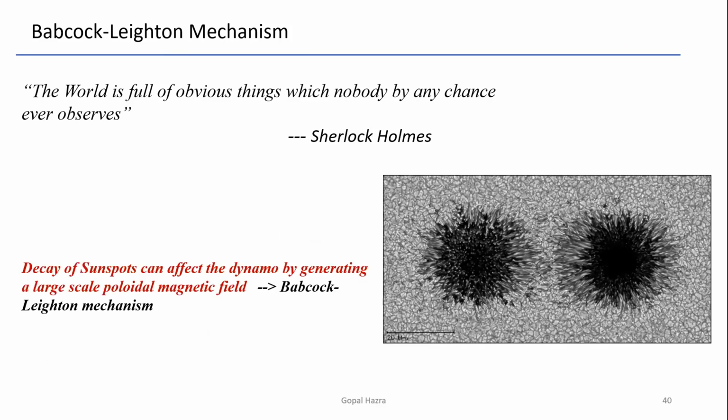But then the Babcock-Leighton mechanism came into the picture, and from observation and everything, we find that this is indeed the mechanism doing the conversion from toroidal to poloidal to toroidal to poloidal.